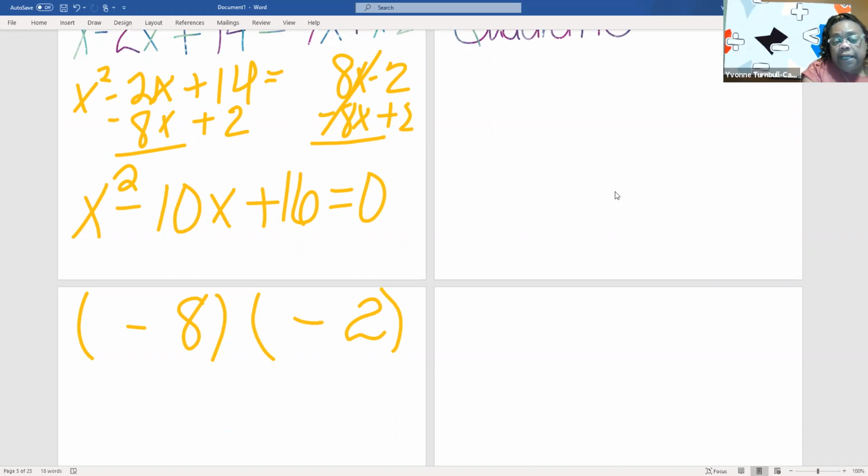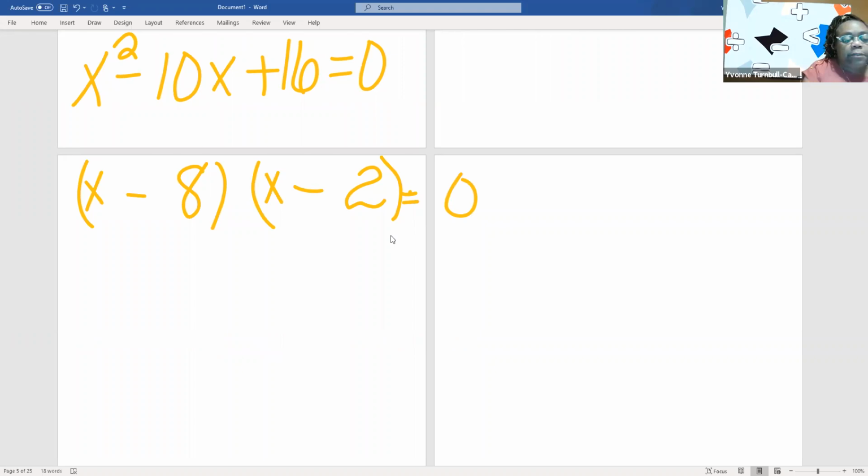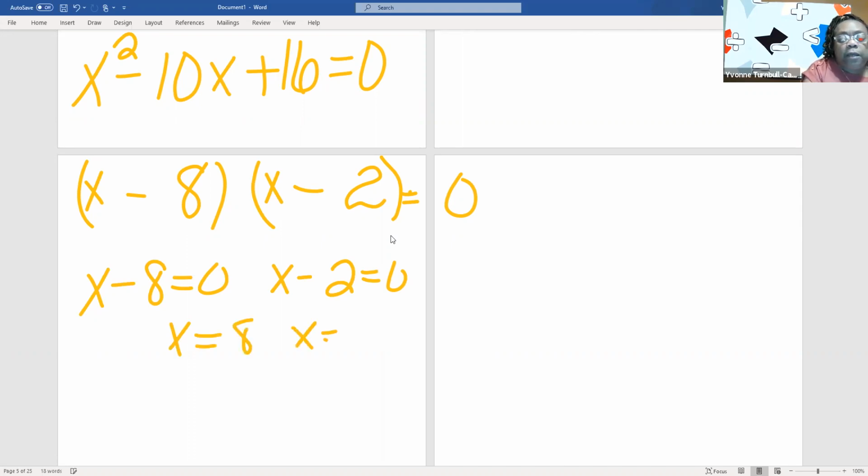When they multiply, they have to give me a positive 16. Negative 8 times negative 2 is positive 16, so I know I factored it correctly. And as we did in the previous problem, we set each one equal to 0. X minus 8 equals 0. X minus 2 equals 0. So x equals 8, x equals 2. And we are done.